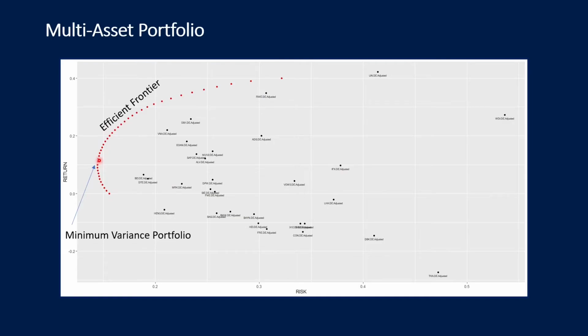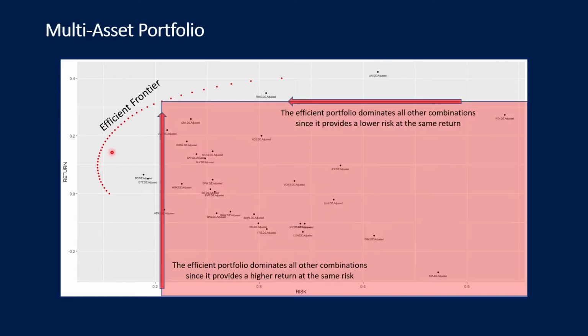Because these are efficient portfolios that can be put together from all the stocks in here, just finding the right weights. But you can't get across this efficient frontier.